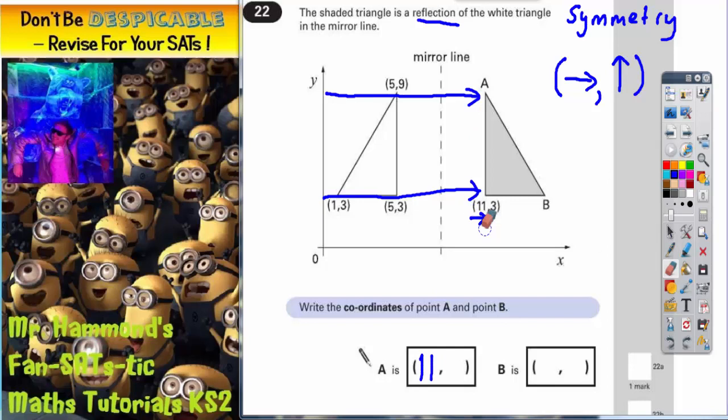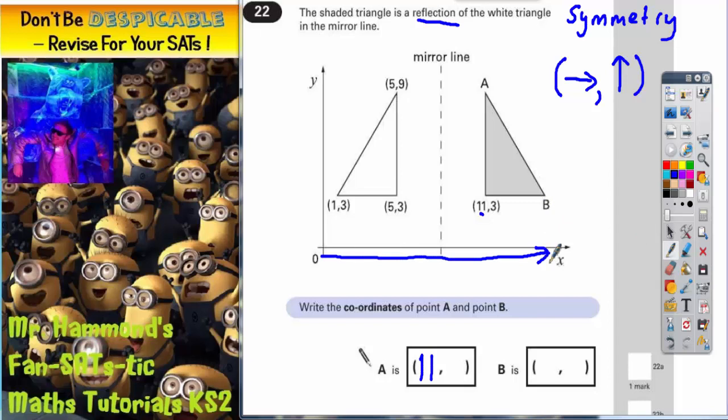Now we need to know how far along point B is. Now this one is a little bit more tricky because what we can't do is just measure from 0 here straight along level with point B, because we don't know how far along this goes. But what we can do is use the fact that it is symmetrical to help us.